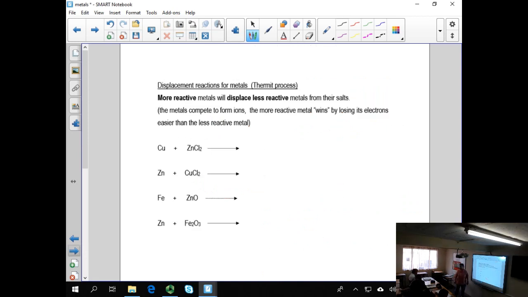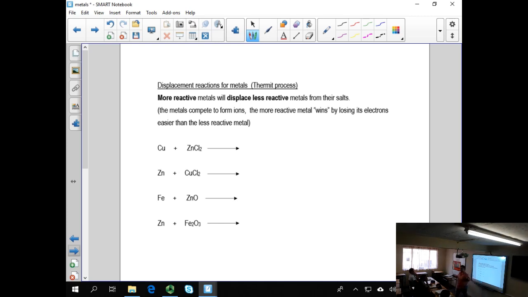Let's do one new thing. In grade 8, 9, 10, somewhere along the line, you did the concept of galvanizing. Who can remember what galvanizing is? Covering a less reactive metal with a more reactive one.